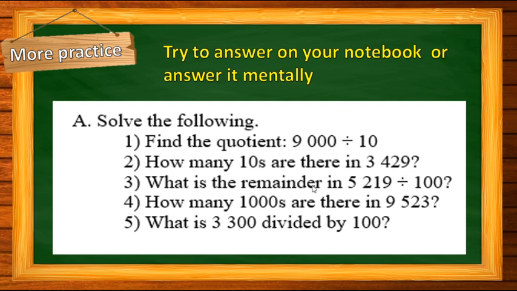Number 3: what is the remainder in 5,219 divided by 100? Number 4: how many 1,000 are there in 9,523? Number 5: what is 3,300 divided by 100?